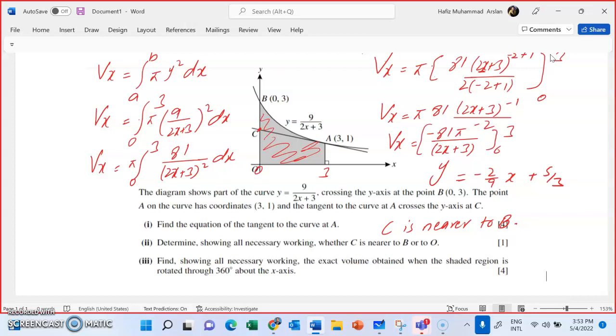So once we substitute the limits, upper limit minus lower limit, first we substitute the upper limit, so minus 81 pi over 2 times 3 is 6, 6 plus 3 is 9, and then minus and minus will make plus, so then 81 pi over 3.